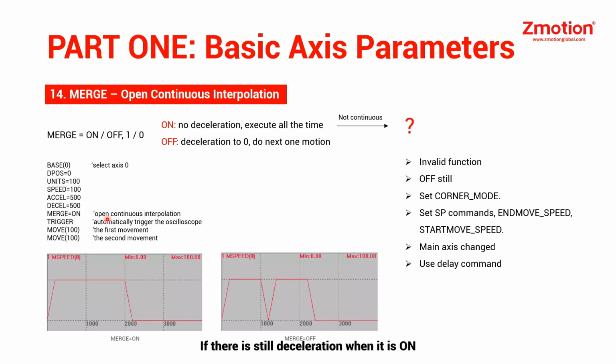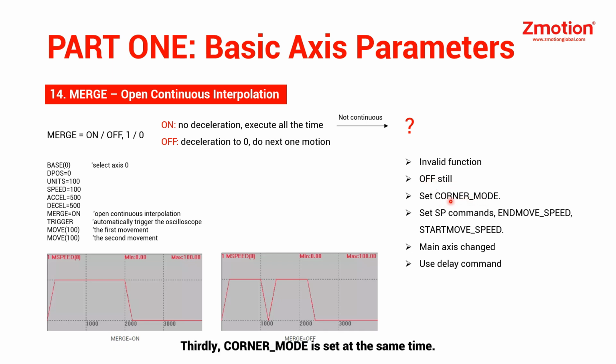If there is still deceleration when it is on, we could check through these aspects. First of all, confirm whether the controller supports the function. If the controller only supports simple functions, like point to point, it cannot support the continuous interpolation function. Secondly, in the Axis Parameters window, see whether the merge command is on.